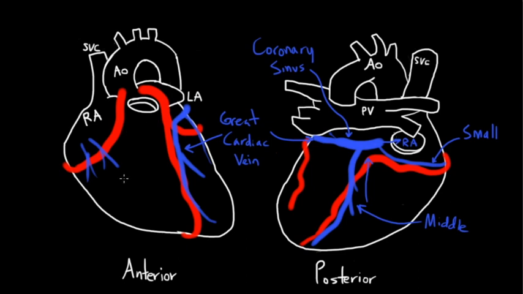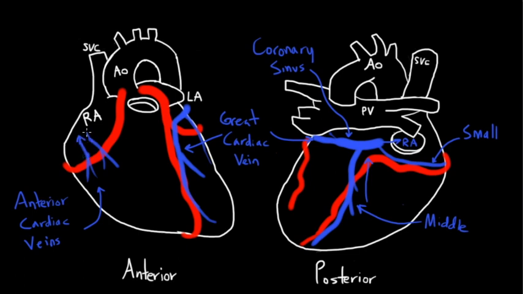Something else worth mentioning, these are anterior cardiac veins. They are different because they really just drain directly into the right atrium.